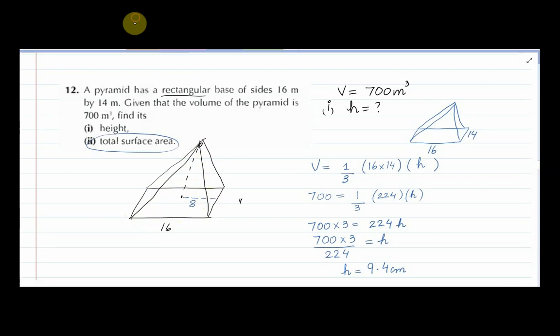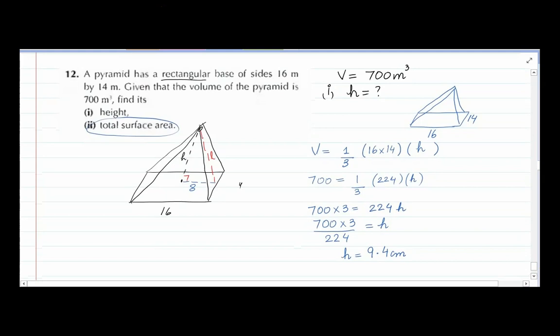We need to find the slant height, this length. Let's call this length L. For L, we can apply Pythagoras because height is known and 8 is known.